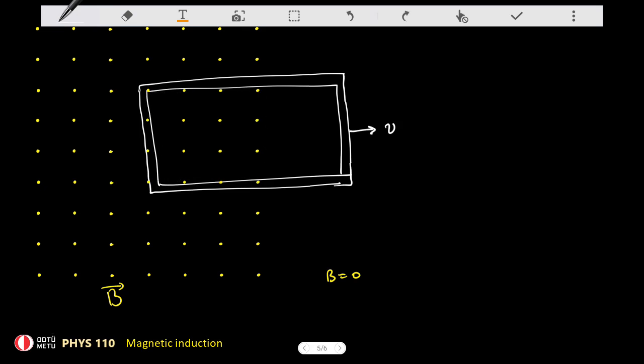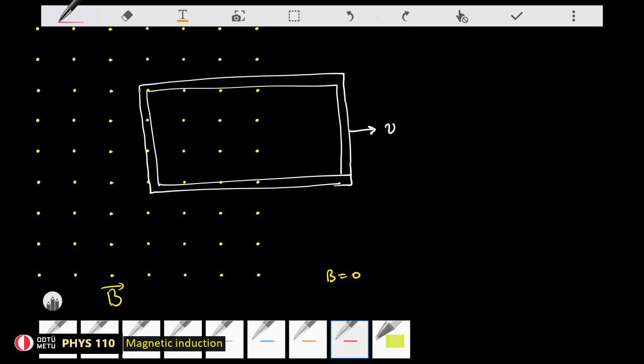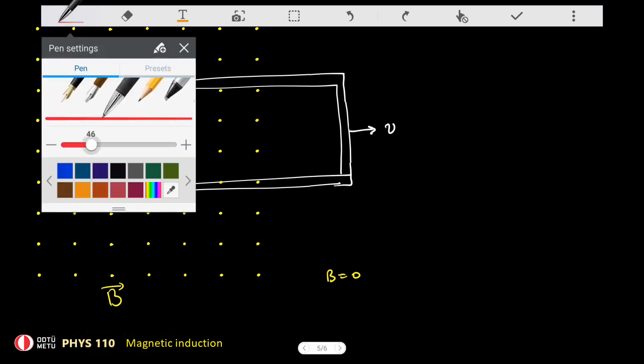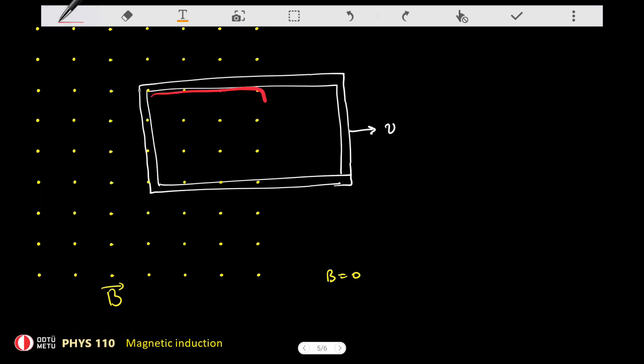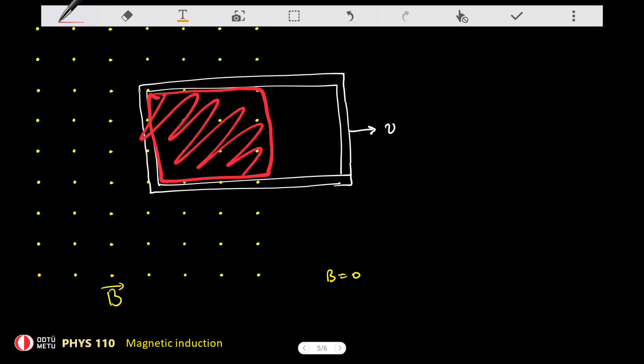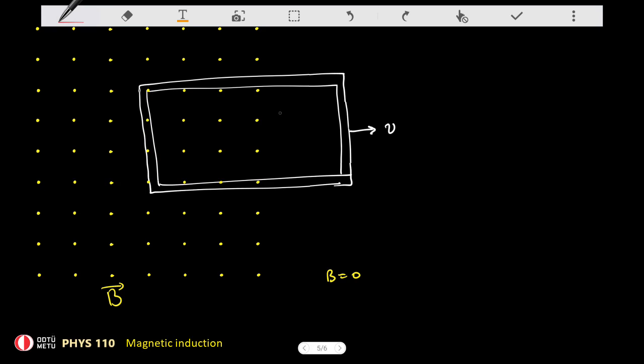Let me use this red color to show this area in here with a thick font. It is that area in here where the magnetic field is changing. So that area is decreasing. Therefore the magnetic flux is decreasing in magnitude. I said that I'm not going to choose a direction, but I think I cannot do this.